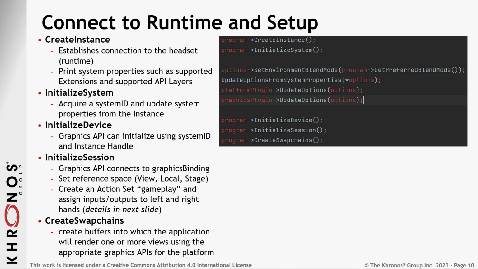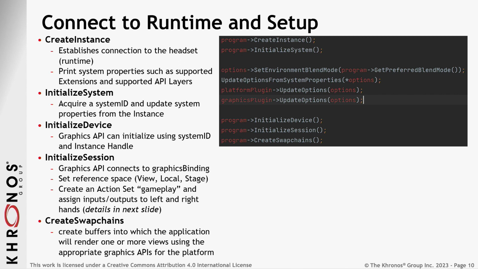You just put it in the app. You don't really need to know how it works. But the example itself does have comments, so you can at least read the comment of what it does. So from there, you can initialize session, which connects it to the graphics API.